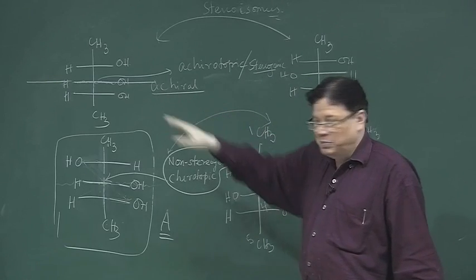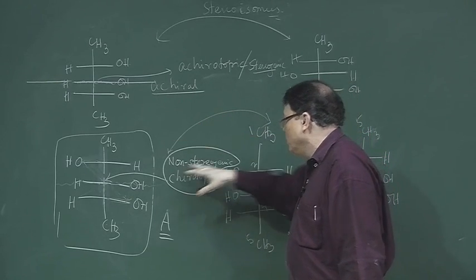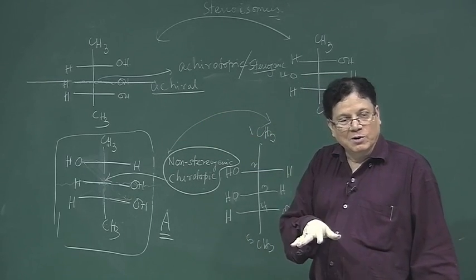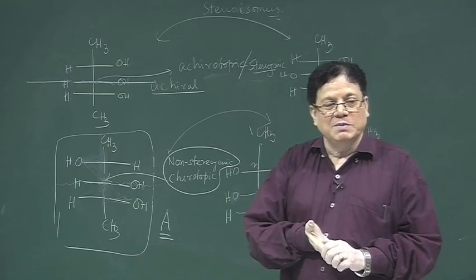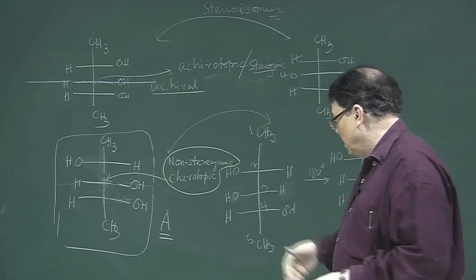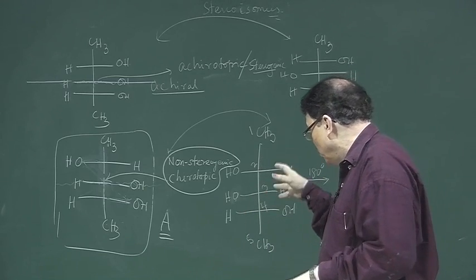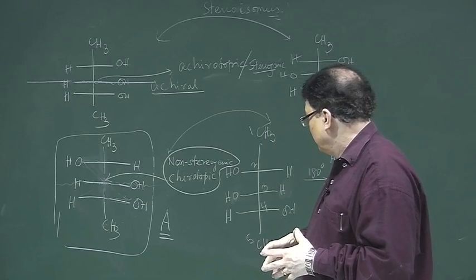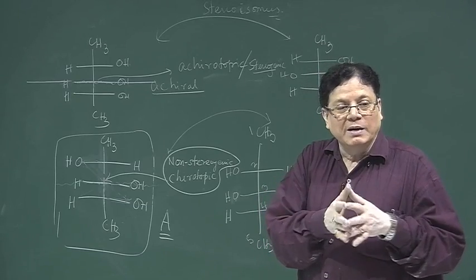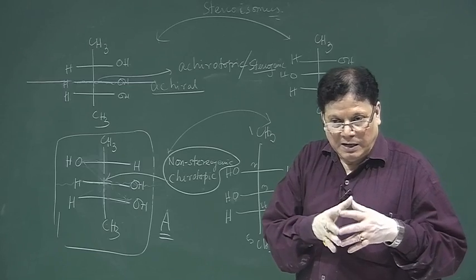I gave you an example. And a carbon can be non-stereogenic, but chirotopic. So, all these are possible. These are very important concepts in isomerism, as this shows the connectivity between isomerism and the chiral environment residing inside a molecule.